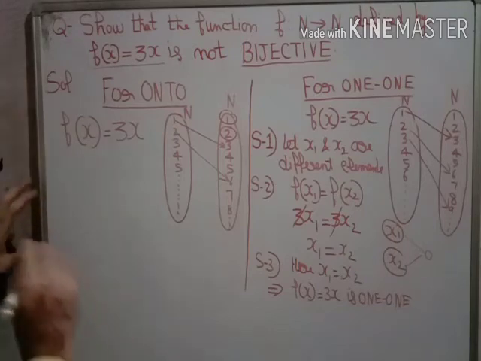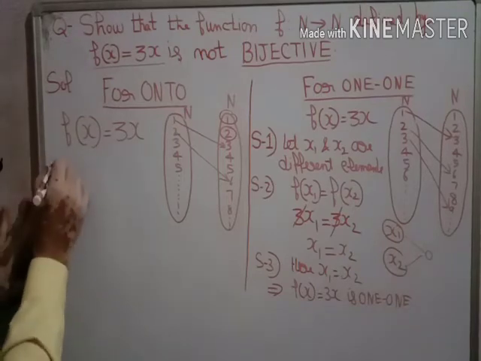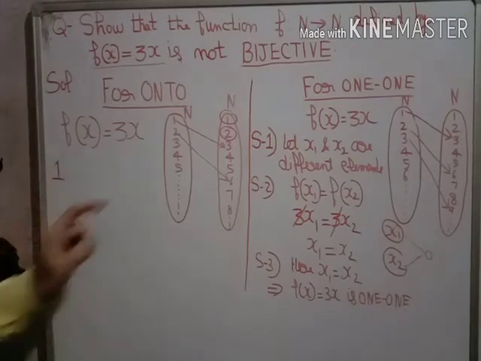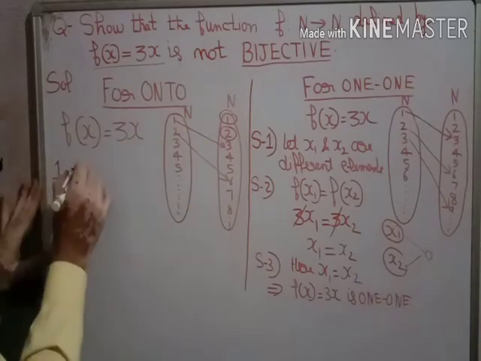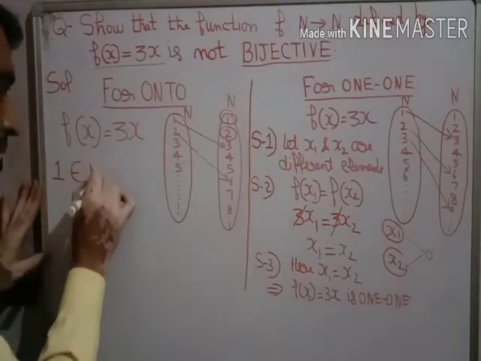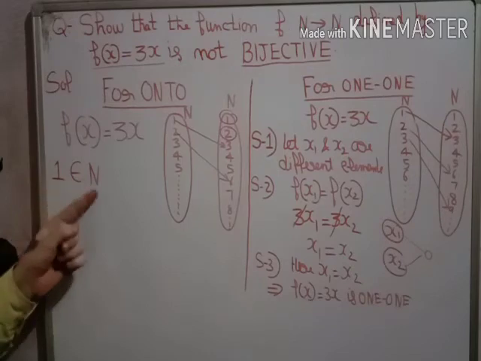Let's see. I will write here 1. I'll take 1 as an example. 1 belongs to natural numbers.